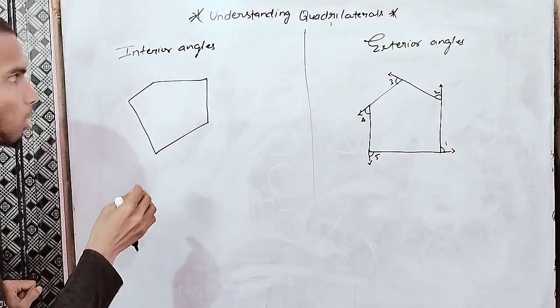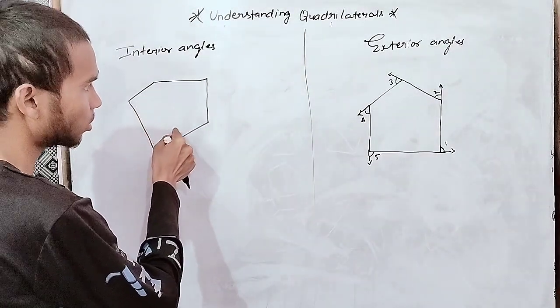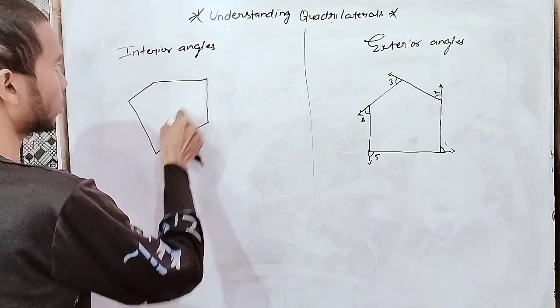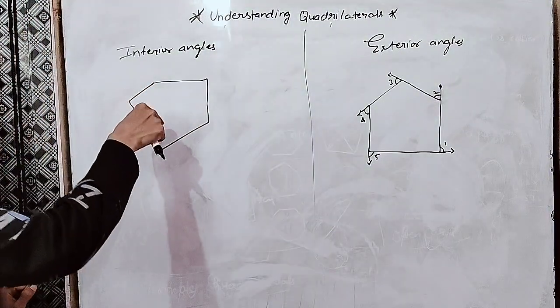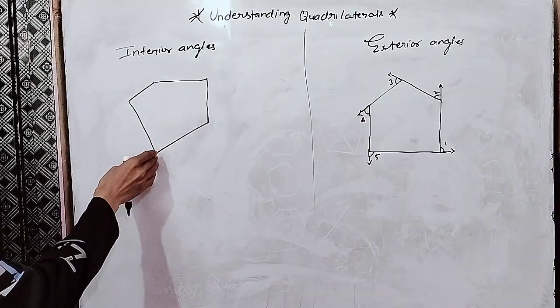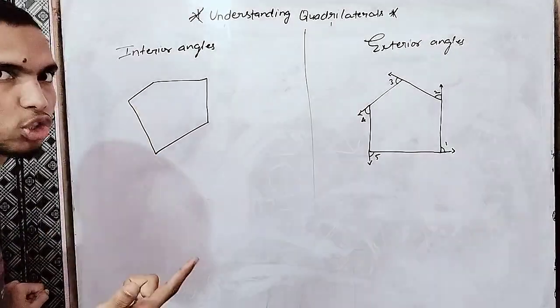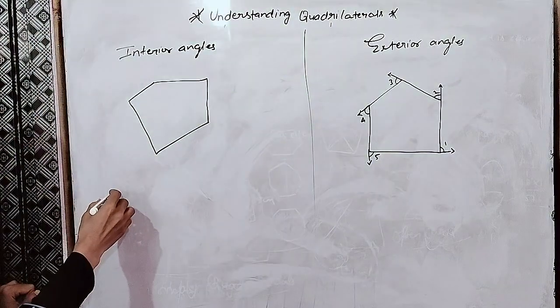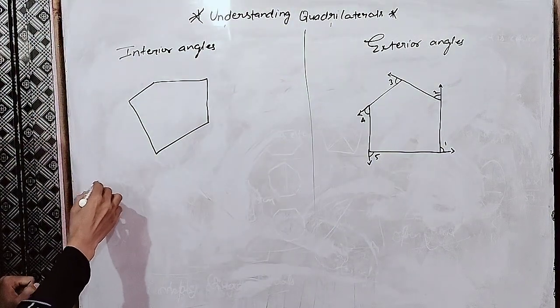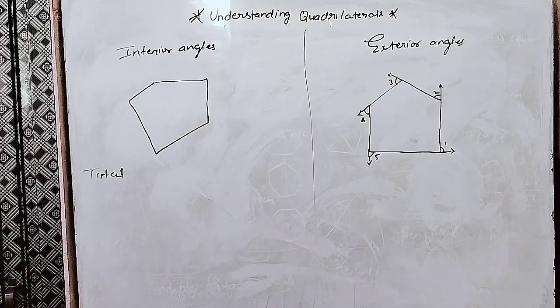Now let's talk about, first of all, the total degree inside. The total degree of this polygon inside will be how much? It will depend.